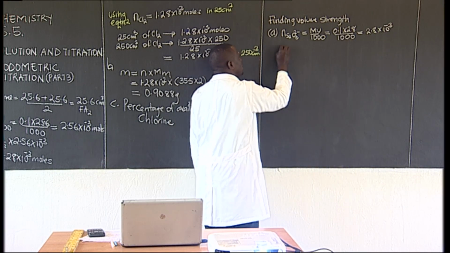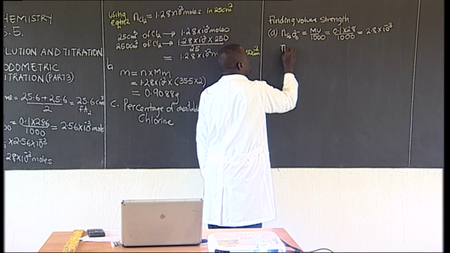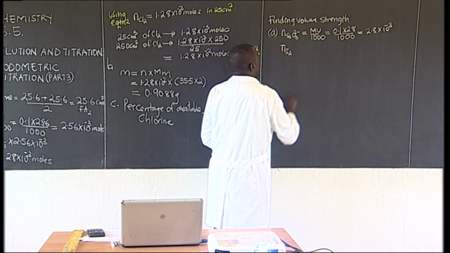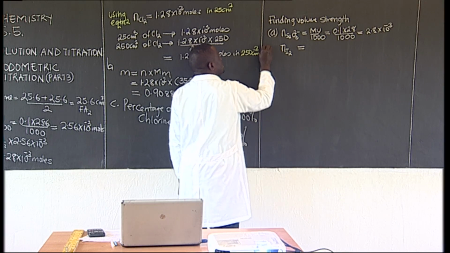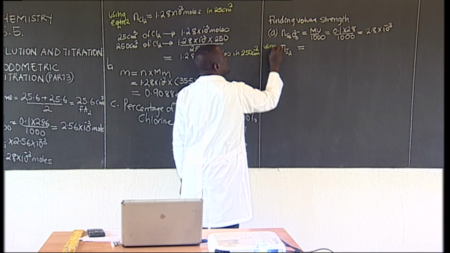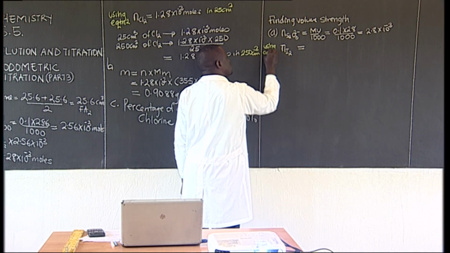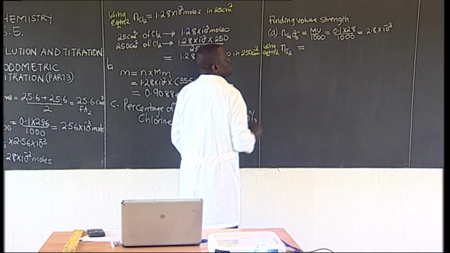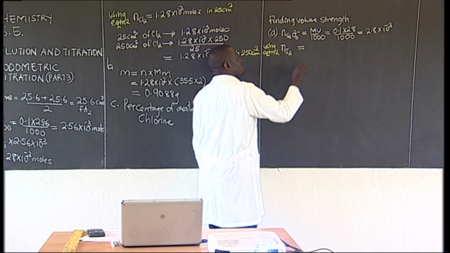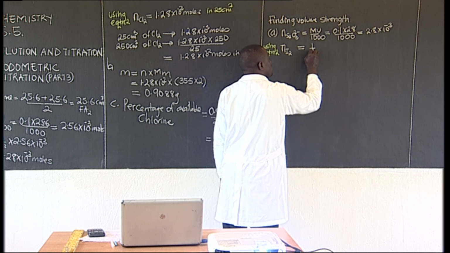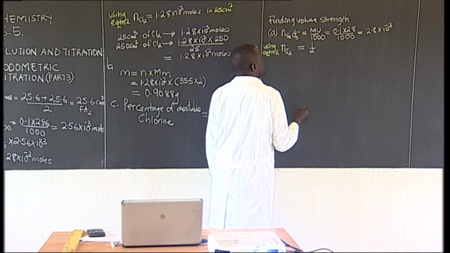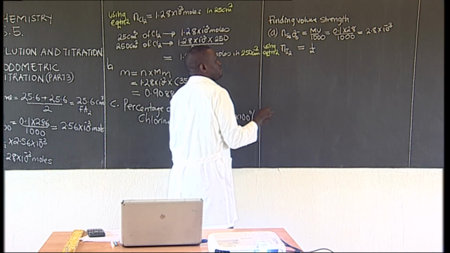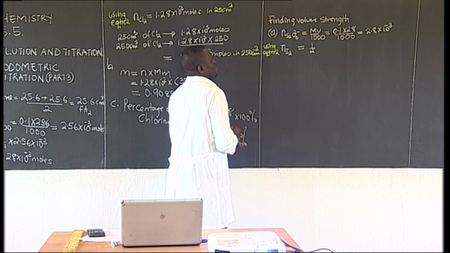Then from there, we get the moles of iodine. Using equation 2, what are the moles of iodine? We shall divide by 2, because 1 mole of iodine reacts with 2 moles of sodium thiosulfate from our equation.